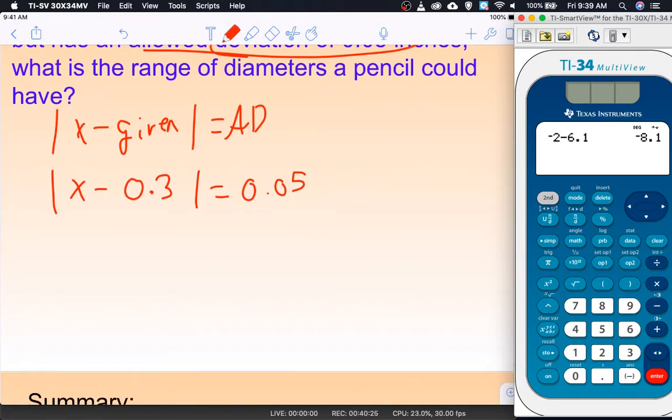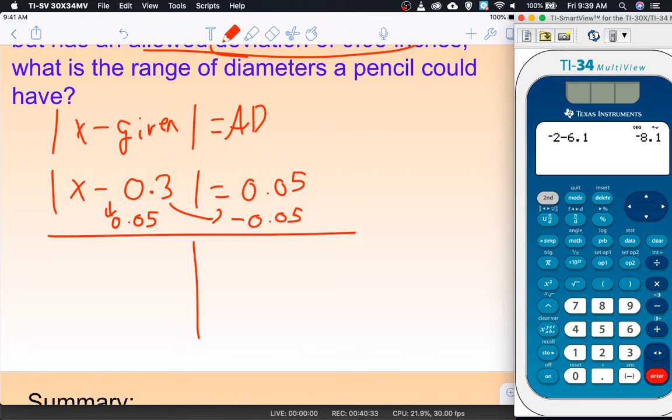And then we're going to take this and separate. We want this stuff to be a positive 0.05 and this stuff to be a negative 0.05. So we make it happen. And x minus 0.3 is a negative 0.05. We're going to add 0.3 to both sides.